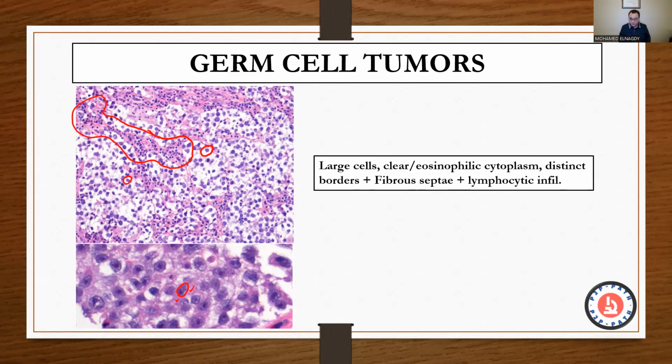So large cells, clear to pale eosinophilic cytoplasm, clear cell borders, fibrous septi with lymphocytic infiltrate. You're dealing with a seminoma here. That's how seminoma looks: clear cells, large cells, fibrous septi, lymphocytic infiltrate in the fibrous septi.